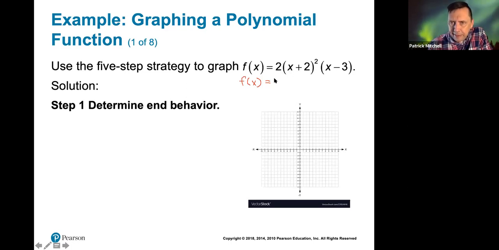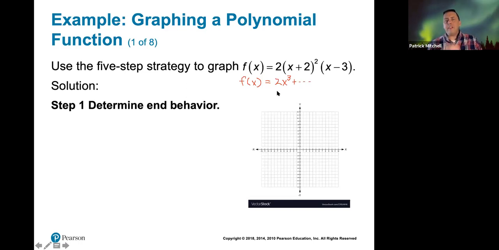And then probably the last thing you would do would be to distribute the 2. So the leading term of this polynomial would be 2x cubed. And then there would be some other stuff that I really don't care about right now, so I'm just going to put dot, dot, dot.